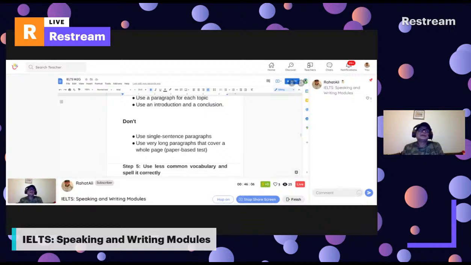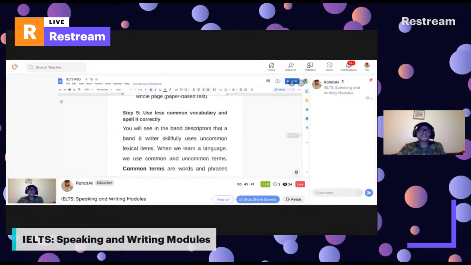So task 1 should have 165 words and task 2 should have 275 words. But in real life situations, candidates write more than that number, and the examiner also accepts it.